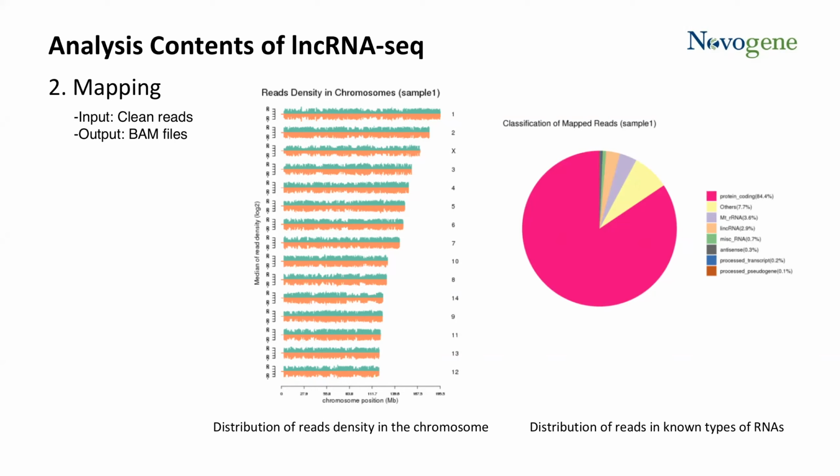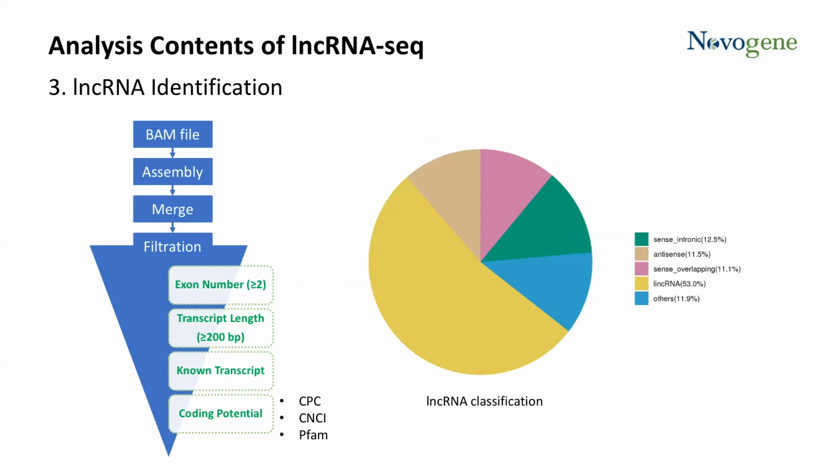So next, after mapping, our next step is to identify the long non-coding RNA in your samples. For this, since the information we have contains both messenger RNA and long non-coding RNA, the mapped reads, which is the BAM files for each sample, will be assembled into transcripts based on known gene annotations.